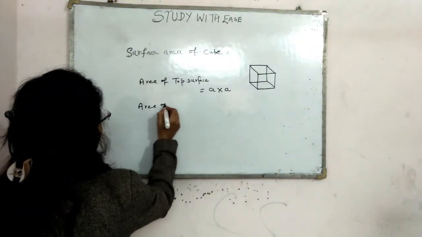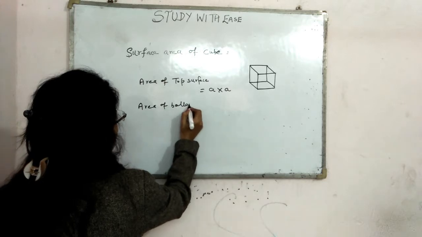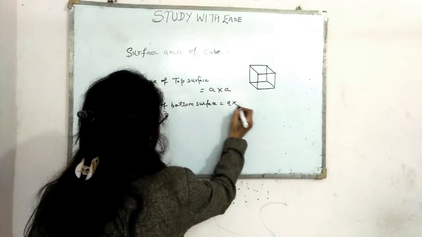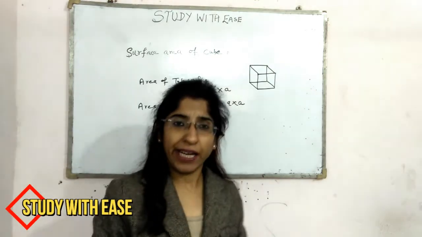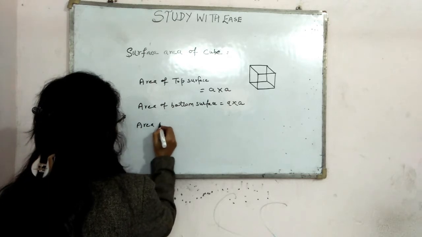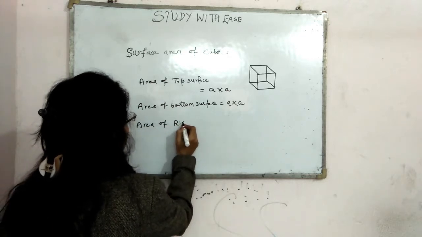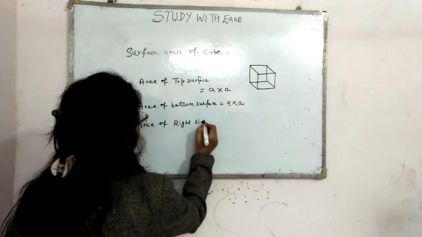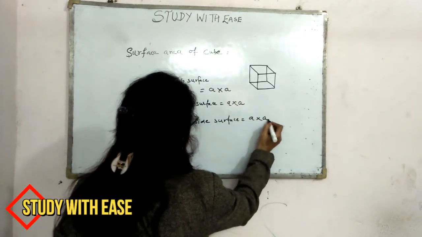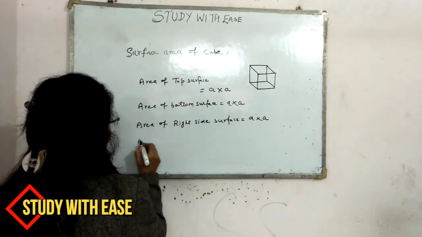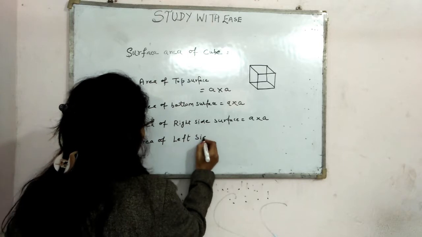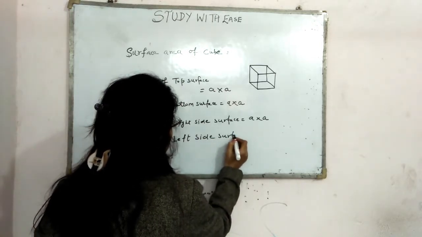Area of bottom surface is also A into A. Now next will be area of right side surface. It is also A into A. Now we move to area of left side surface.